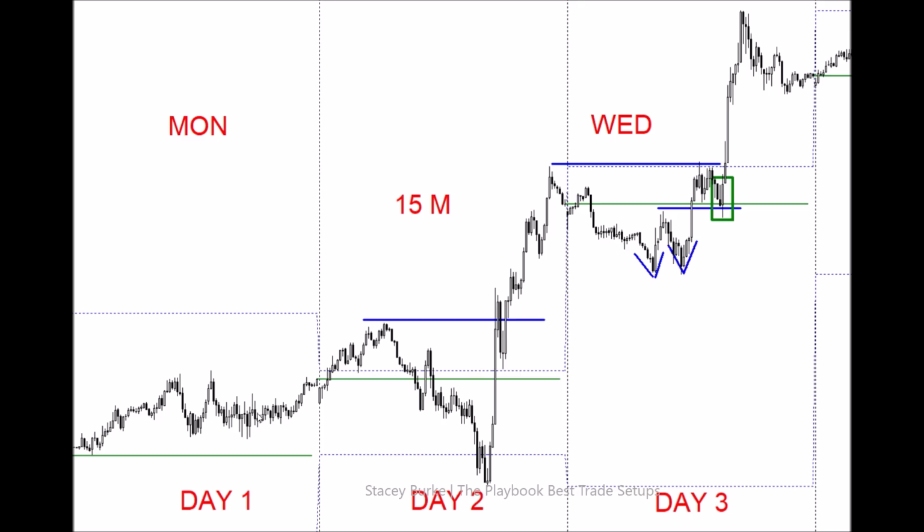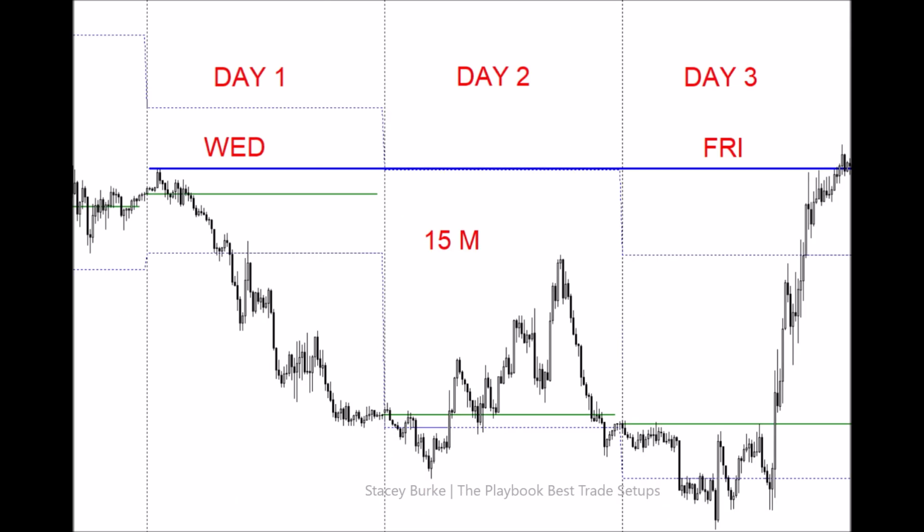So this is an example of a Monday, Tuesday, Wednesday parabolic trend trade blowing off in the direction of the trend. Now we have a different example on the backside from midpoint range of the week, Wednesday, day 1, resetting as day 1, becomes our day 1, day 2, Thursday's our day 2. Market continues lower, breaks the low of Wednesday on Thursday.